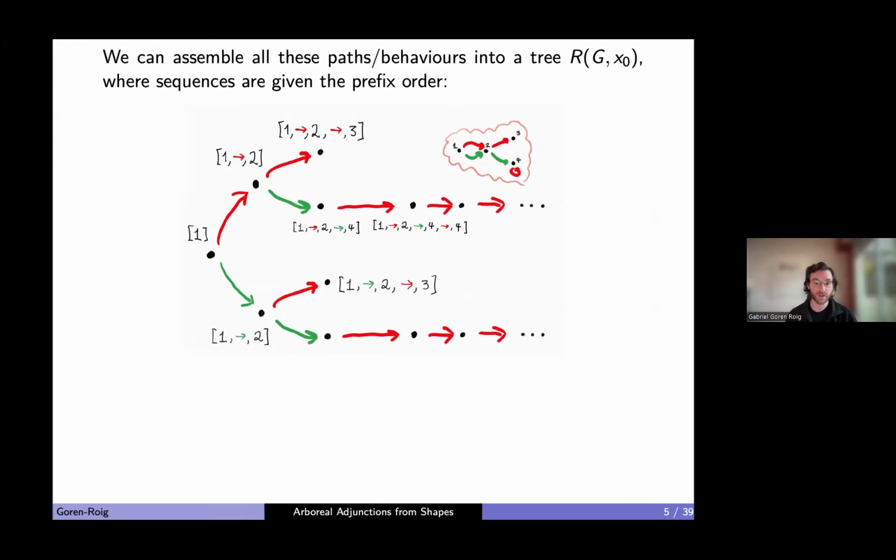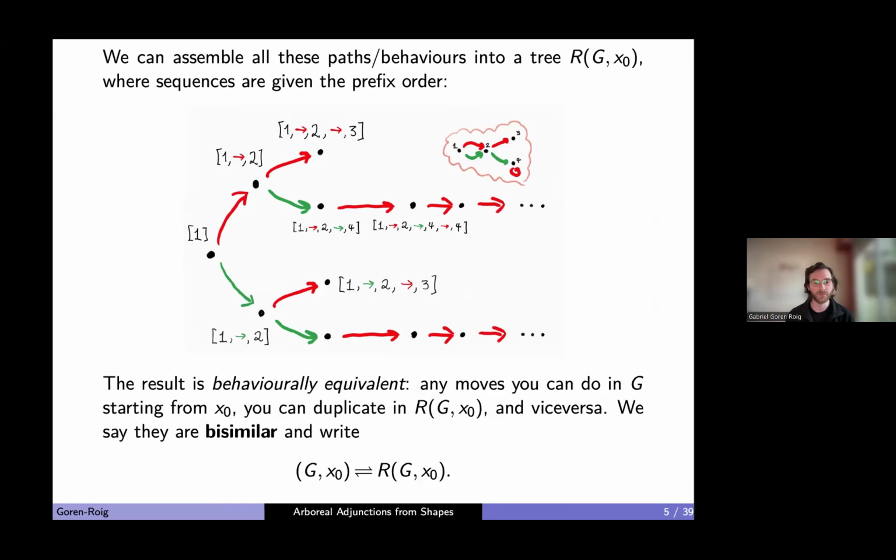So we are actually obtaining an object of the same category that we started with. What's interesting about this construction is that the result is behaviorally equivalent. Any moves you can do in the original graph, starting from your chosen base point, can be mimicked in this new graph, and vice versa. There's a technical way of saying this, and it's called bisimilarity.